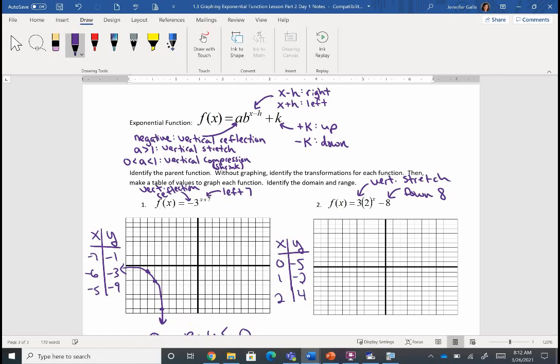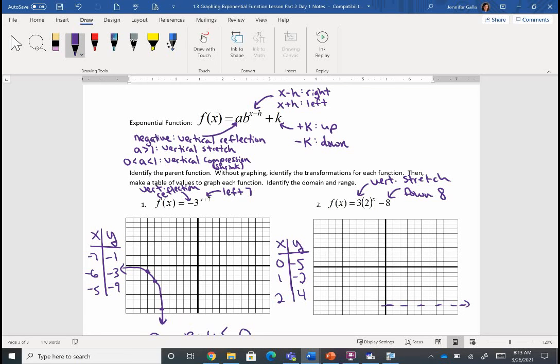Now we said we went down 8, so that imaginary line that we're not going to touch or cross is where? If we move down 8, where's our imaginary line at? It's down at -8, yeah. So at -8, I like to draw the line in.